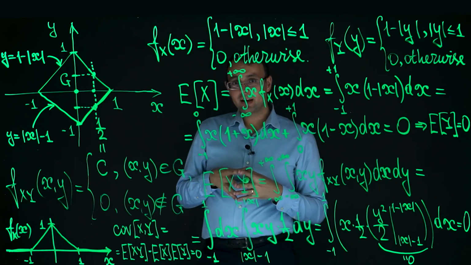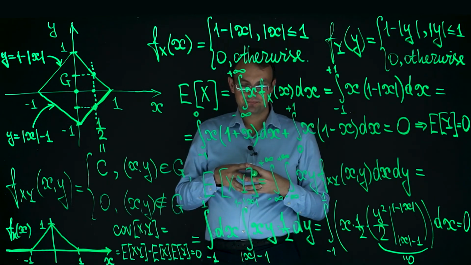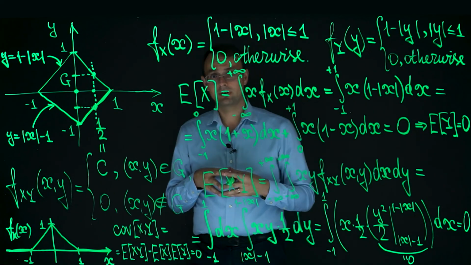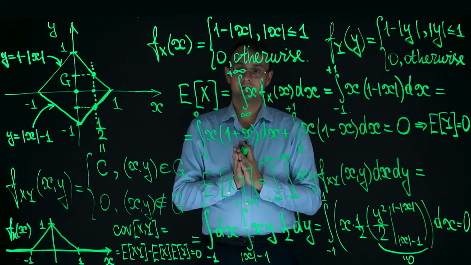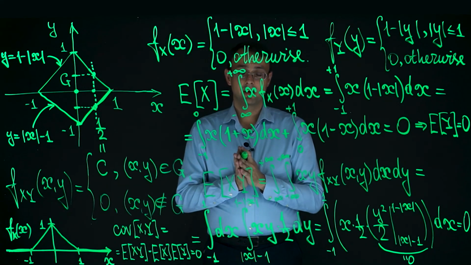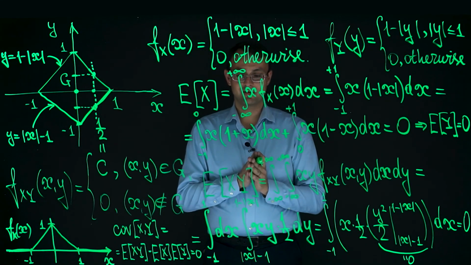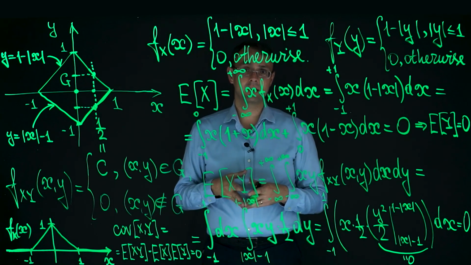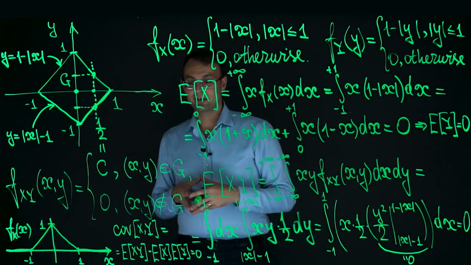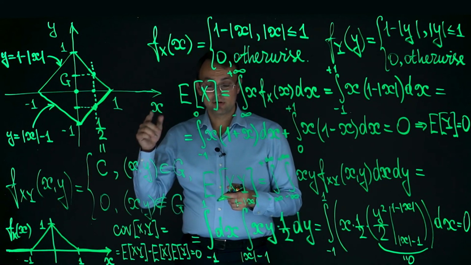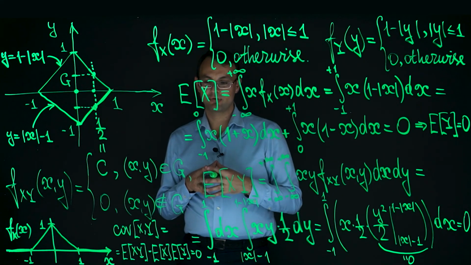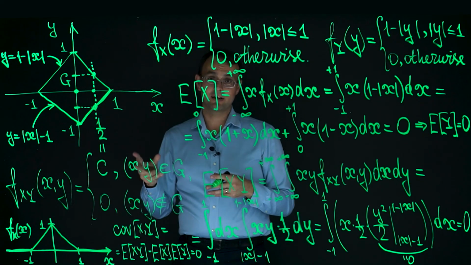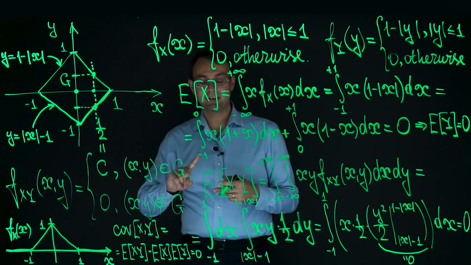This is actually a rare case. Usually, if two variables are dependent, their covariance is also not 0, so usually they are correlated also. So this is one of rare examples where we can see such a situation that x and y are dependent but uncorrelated.